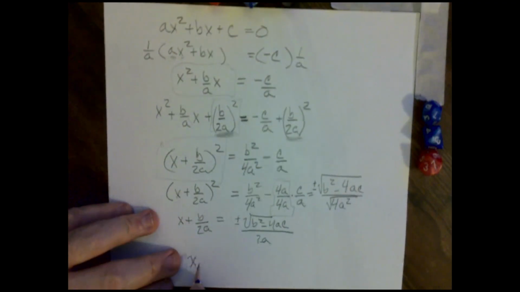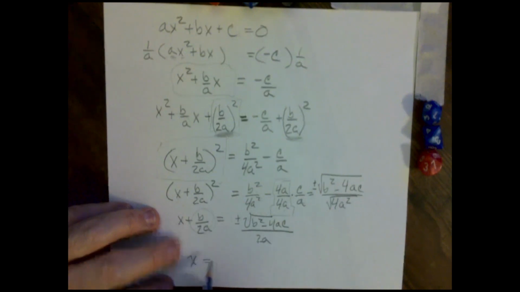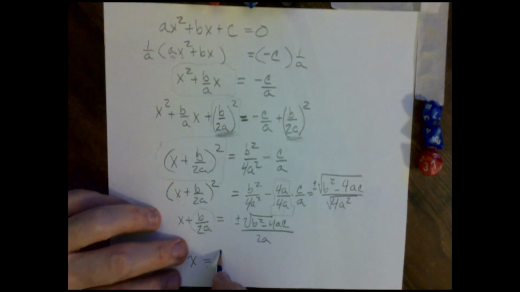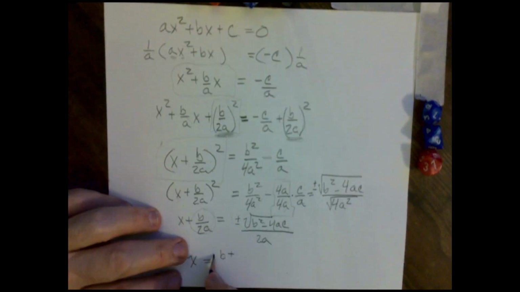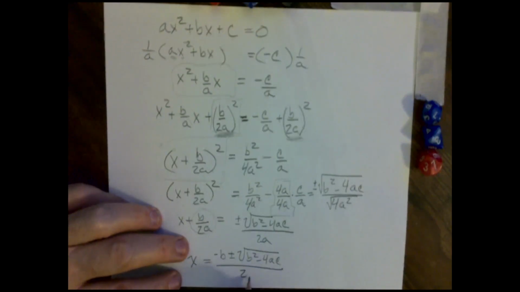Then for x, I'm going to add the opposite of this to both sides. And look, it already has the denominator. This is going to become negative b plus or minus the square root of b squared minus 4ac, all over 2a.